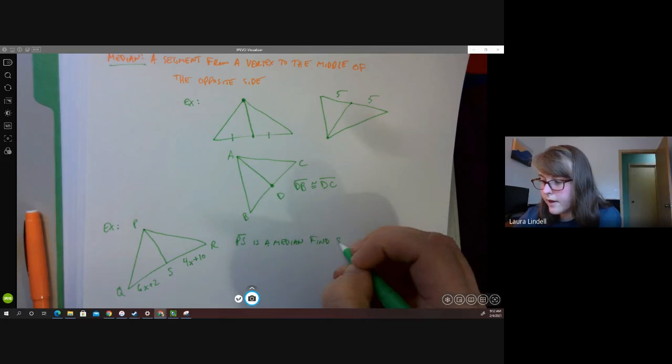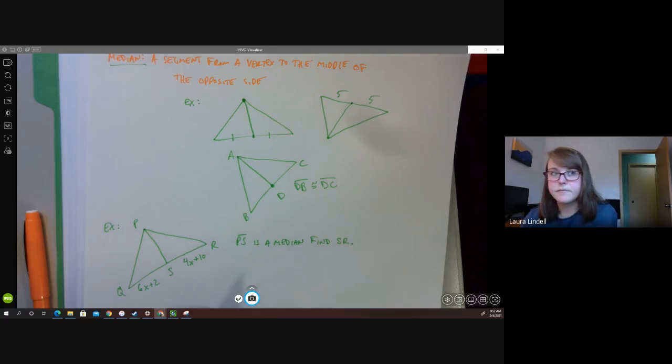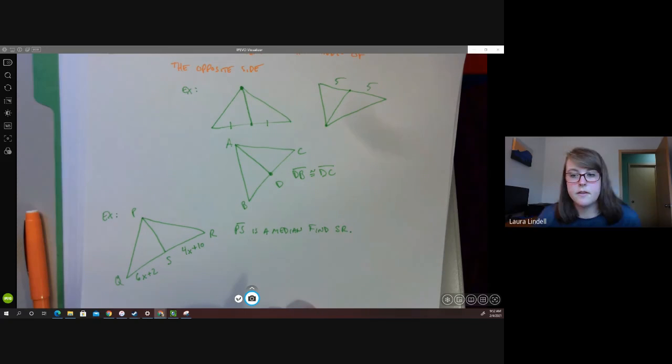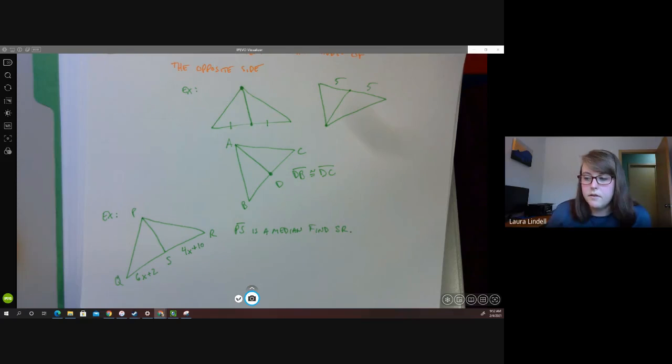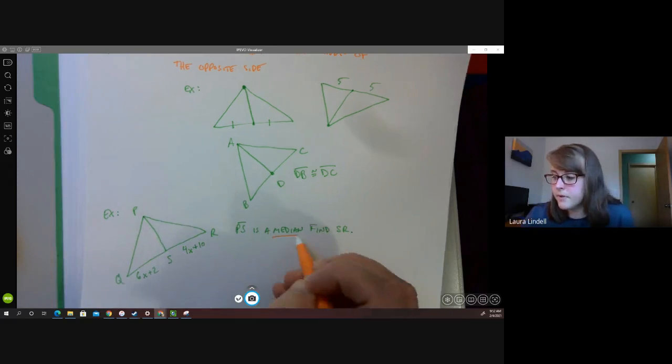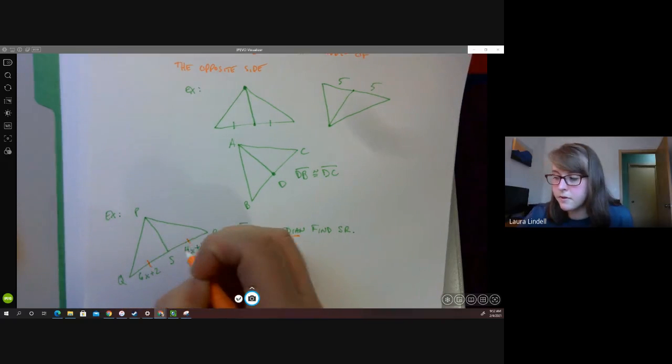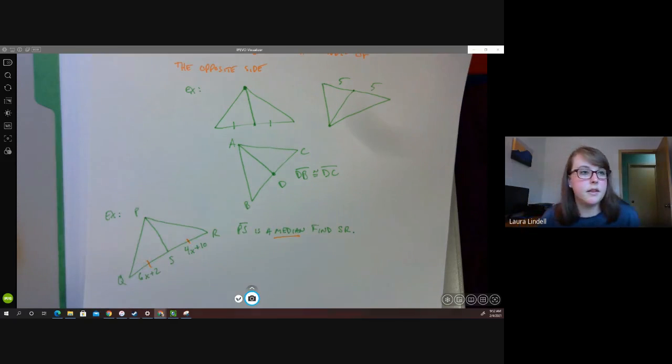Find the length of SR. Okay. So again, this is going to be another thing where we set things equal to each other. Kind of sensing a theme in this chapter where a lot of times things are equal. If PS is a median, since we know that, we can mark these two things as being the same length.